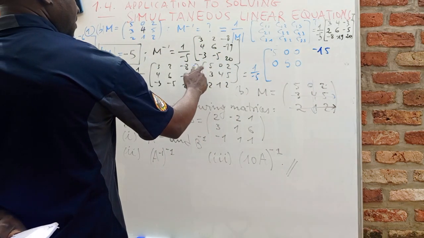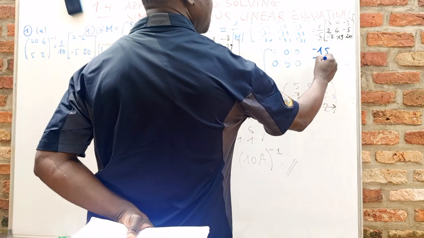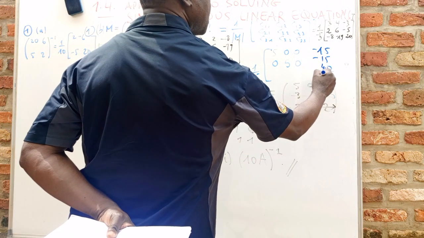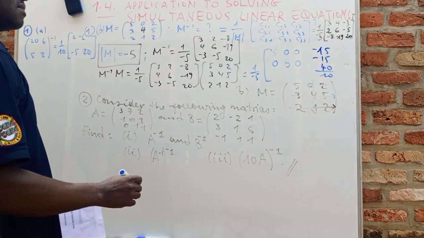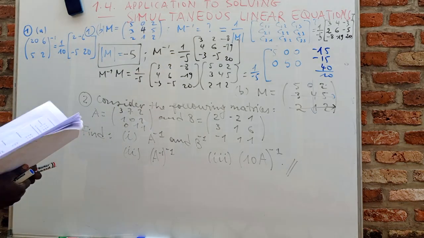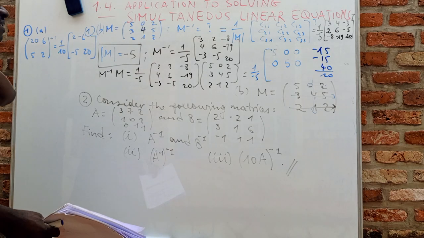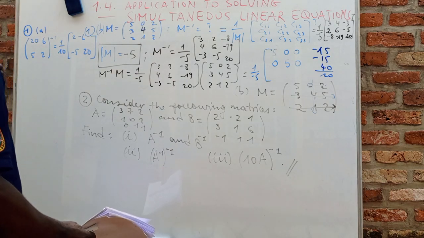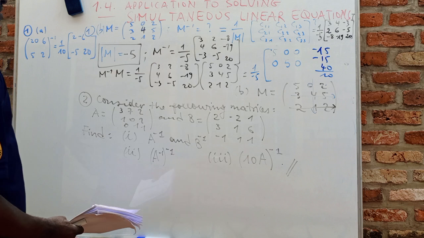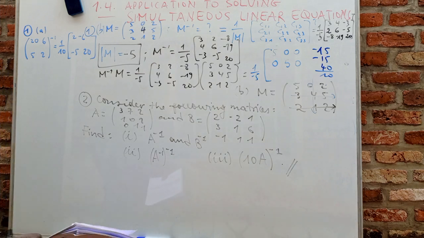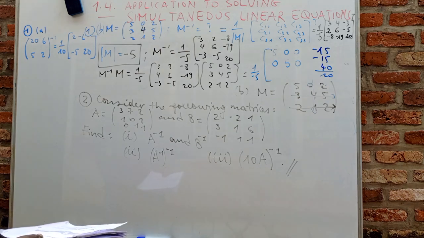This times this, and this times this, negative 15. And then 10 times 2, it is 40. So this is 10. So this is not possible, since we are looking for something. Something is wrong. How can I fix this?